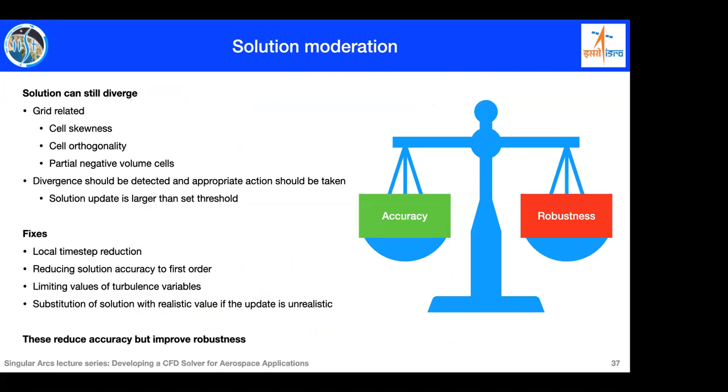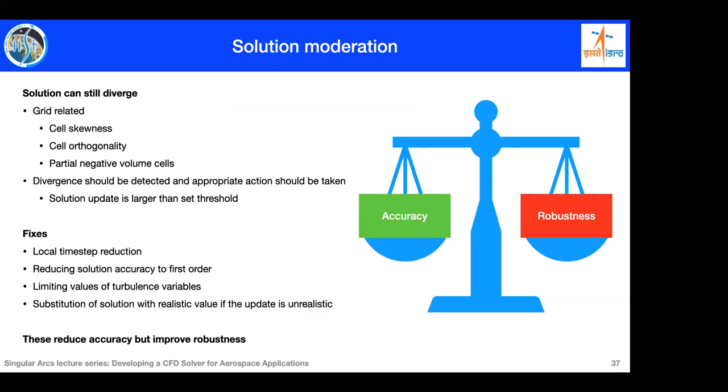The solution can diverge if the grid is not very good: cells are skewed, orthogonality is poor, or there are negative volume cells. Or sometimes the solution update becomes too high or too low, such as we have seen in hypersonic cases. If there is an expansion region, then the solution or pressure will suddenly go negative. In such cases, we need some strategy to handle this.